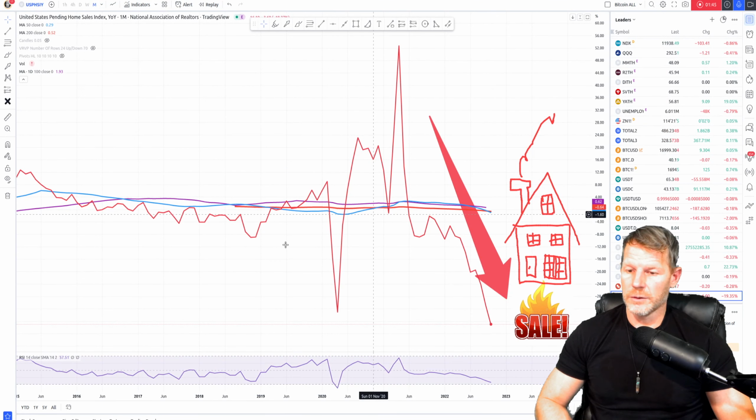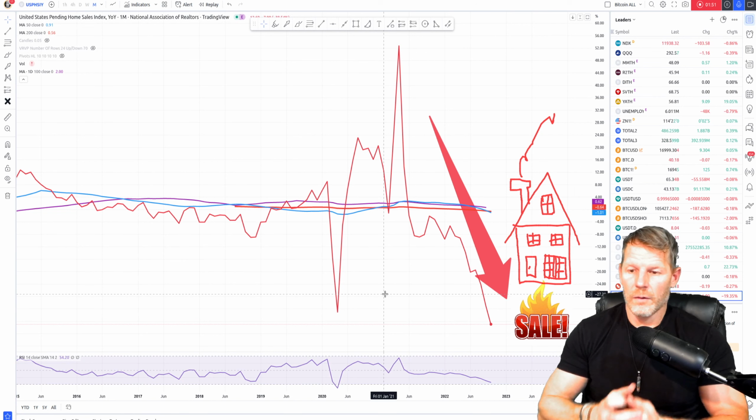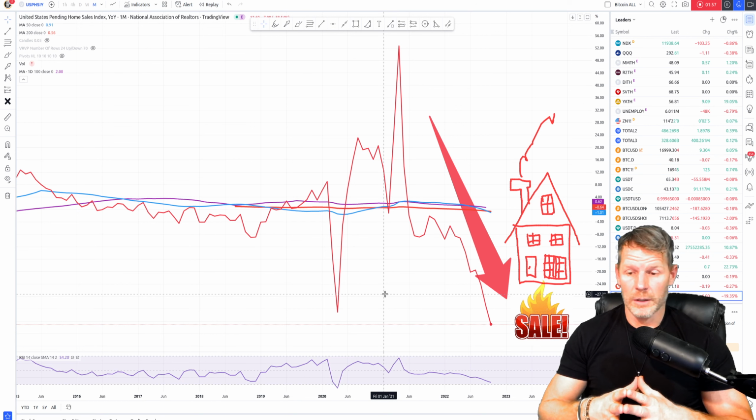This is the year-over-year, and what we're looking at here, guys, is an ominous indicator of what the future holds for us. It's never good to see the U.S. housing market crash like this, or in this fashion. It is a lead indicator of what forebodes in the future.